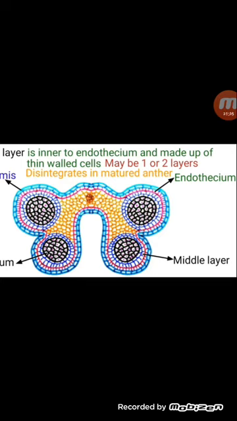As the anther matures, it is the middle layer which dehisces, that is, opens up and breaks, and the pollen grains are released from here.